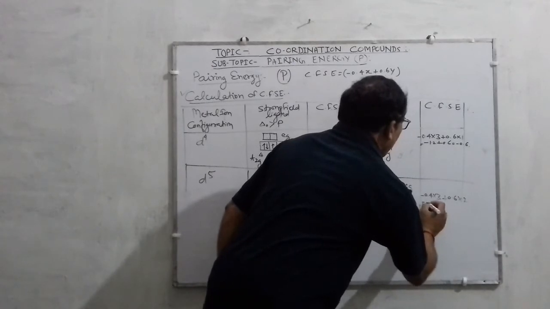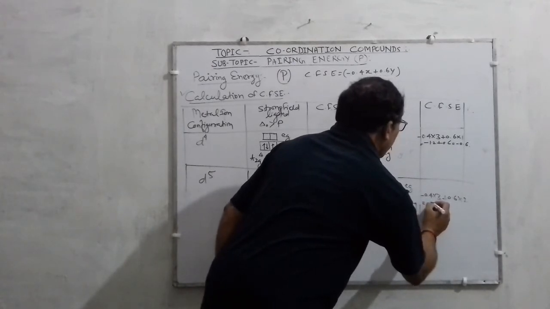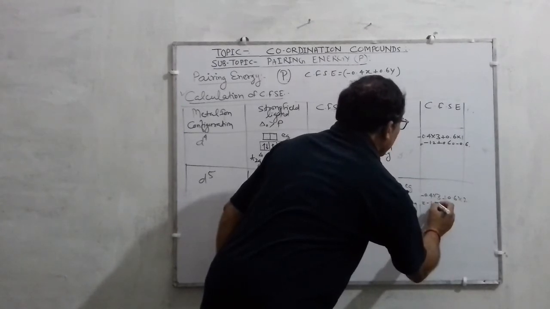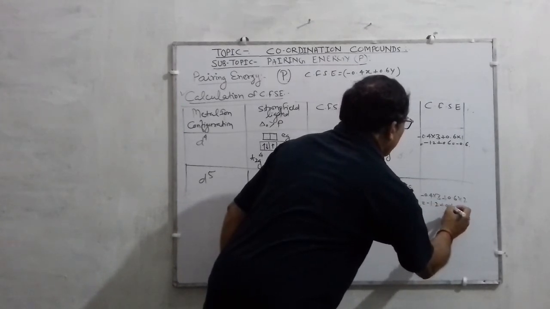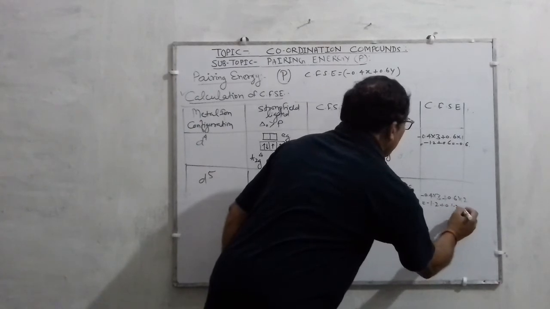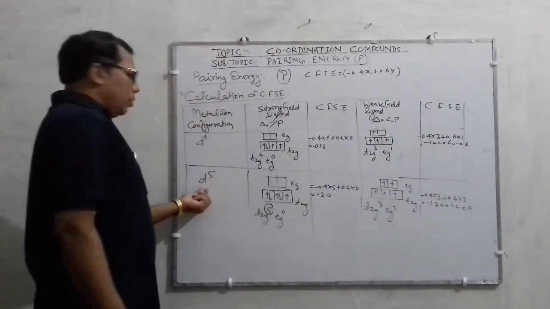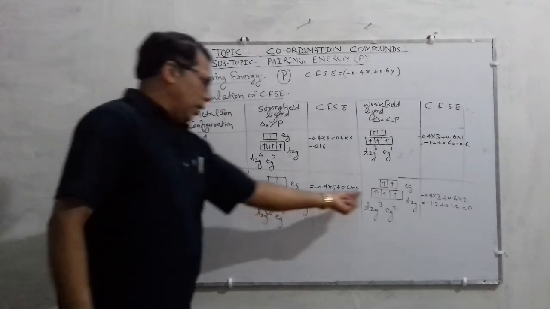So minus 1.2 plus 1.2, and that becomes 0. So this way you can write.